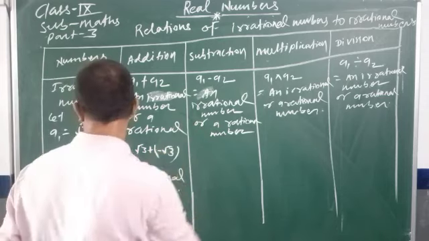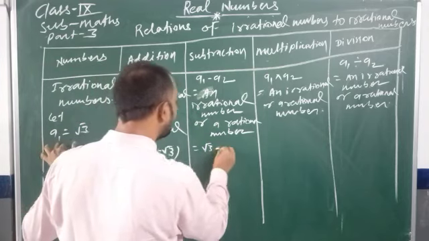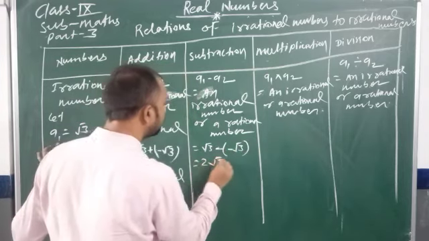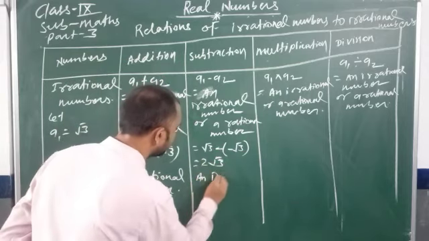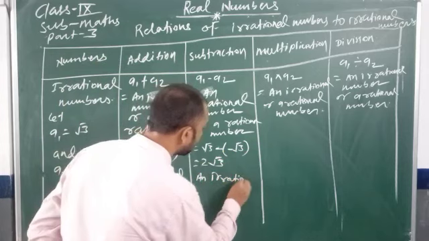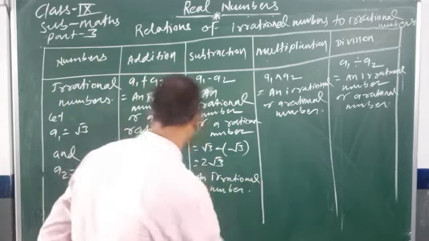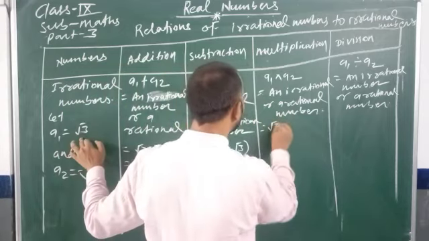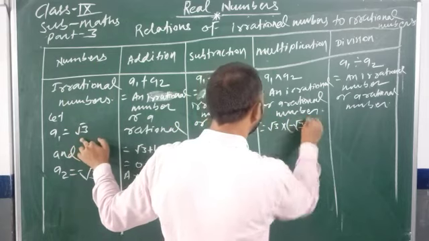Now we will put the value of a1 equal to root 3 minus minus root 3, equal to 2 root 3, means an irrational number. Now we will put the value of a1 equal to root 3 multiplied by minus root 3.